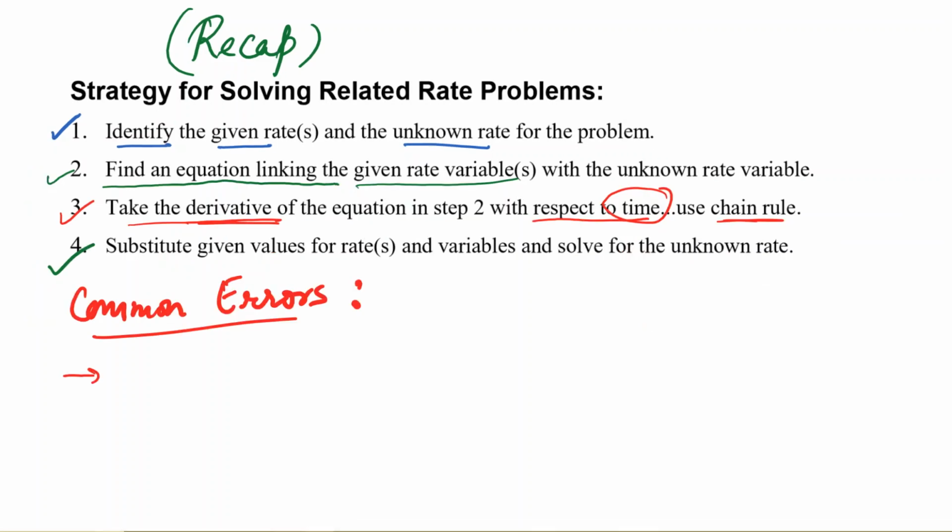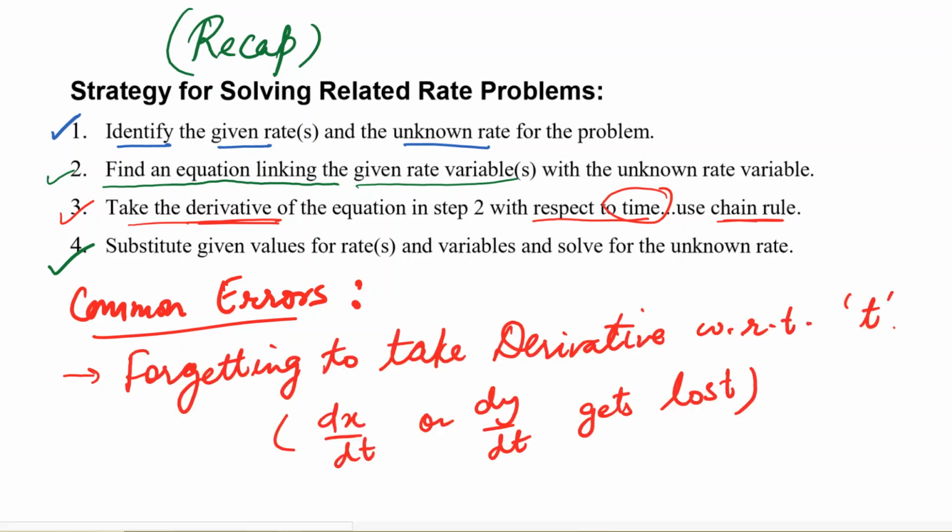I would like to take this opportunity to address the common errors that students usually make. The most common error that students make is forgetting to take the derivative with respect to t, and thus it results in losing one of the terms like dx over dt or dy over dt.